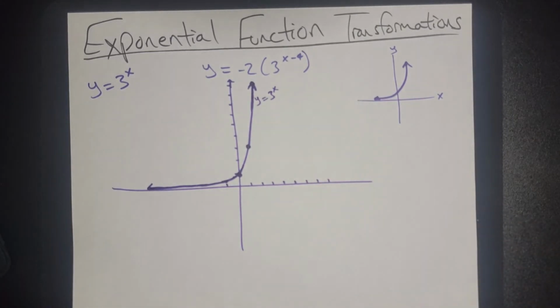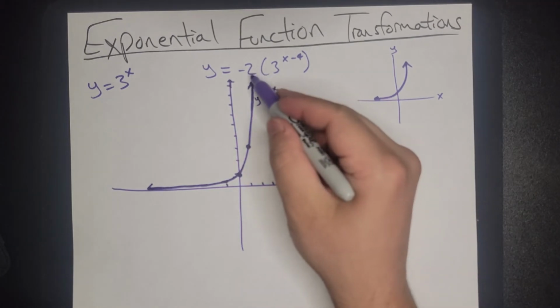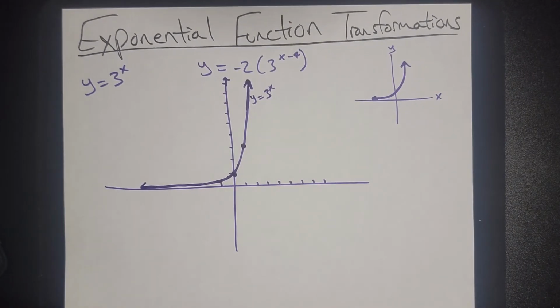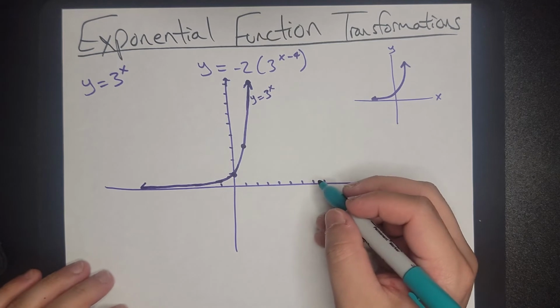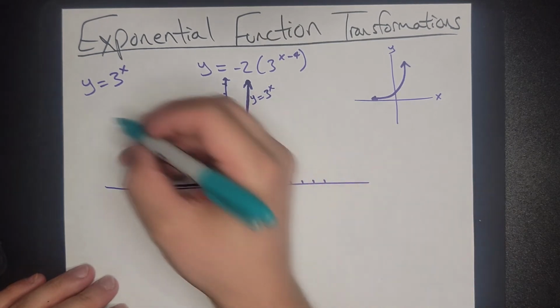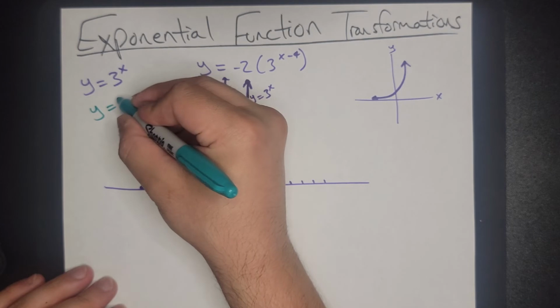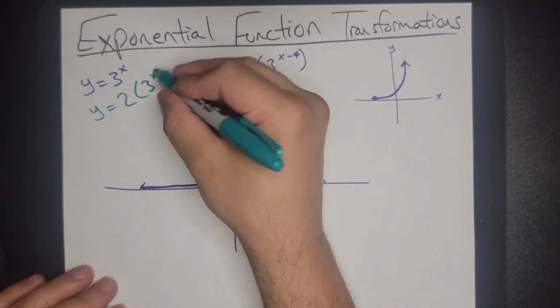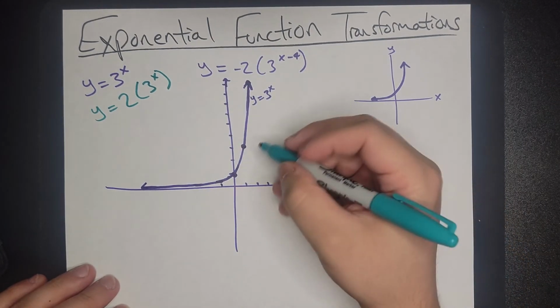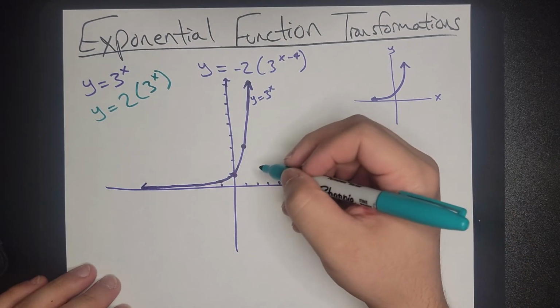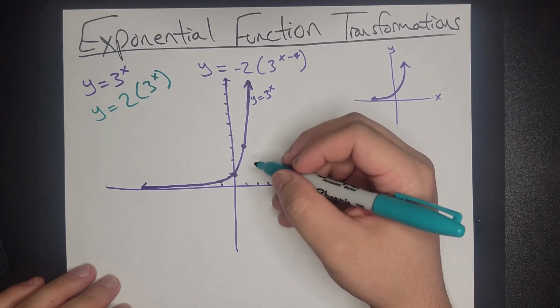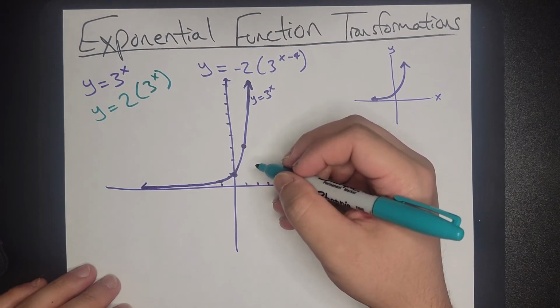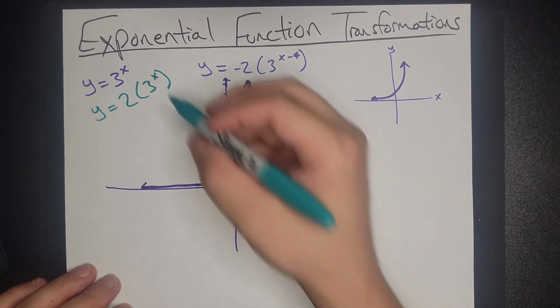So, how are we going to make this y equals, well, let me use a different color. Let's do now y equals 2. So whatever our y value was, now it's going to have a vertical stretch.